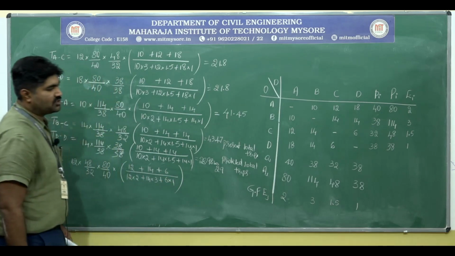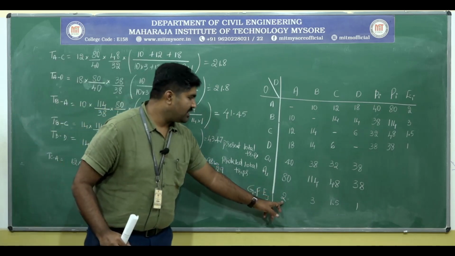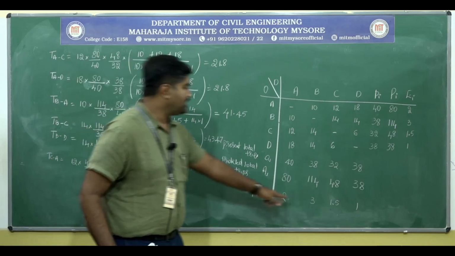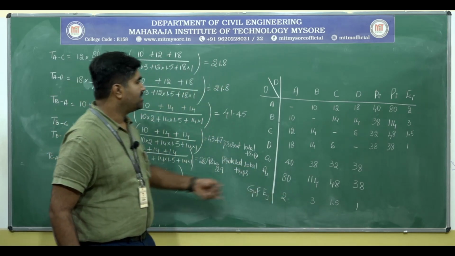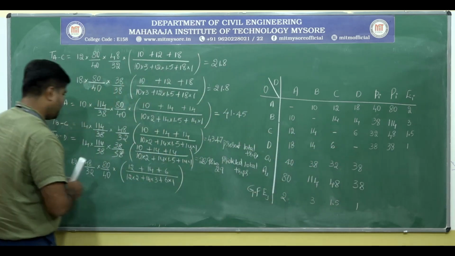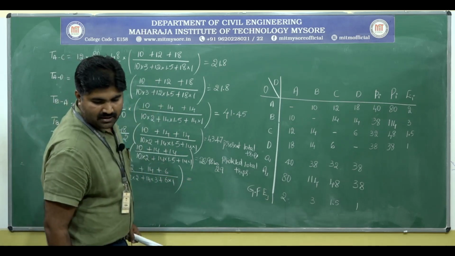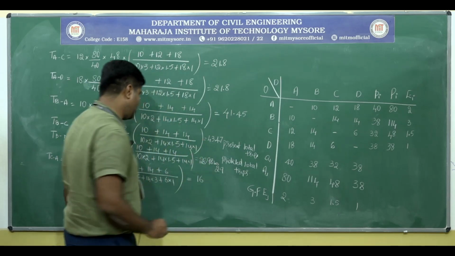This growth factor we are considering for this. Okay, next 14 into 3, this growth factor. Next C to C, there is no trips between C to C. Lastly, that is 6 into 1. You will get around 16.